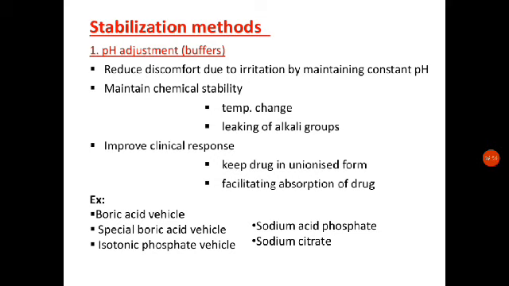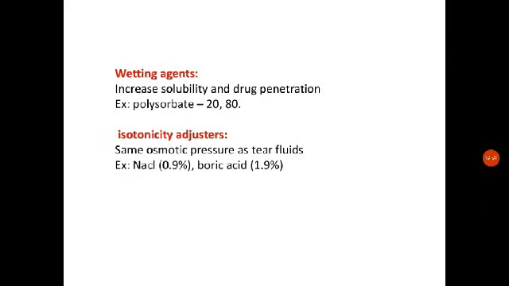Commonly used are boric acid, sodium phosphate, sodium citrate, etc. So phosphate buffers are also used. Then wetting agents increase the solubility and drug penetration. Tweens and Spans are commonly used.